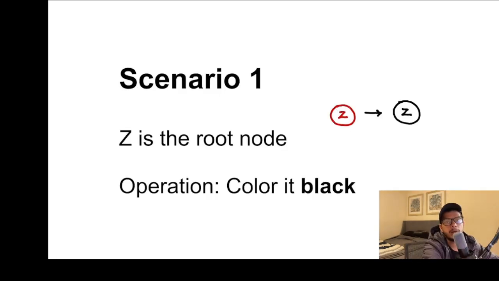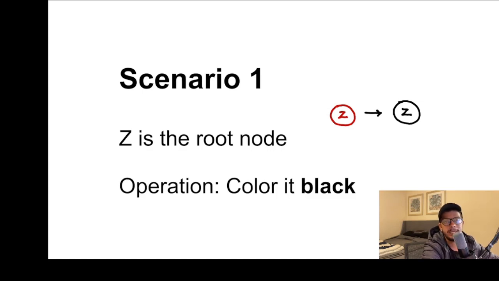When we start talking about the self-balancing operations of a red black tree, there are actually 4 different scenarios that we can end up in. The first scenario is that the element Z that we are trying to insert is the first node of that tree. By default, the first node becomes the root node. If you remember, one of the strategies was that every time we insert an element in our red black tree, we color it red and check if it violates any properties or not.